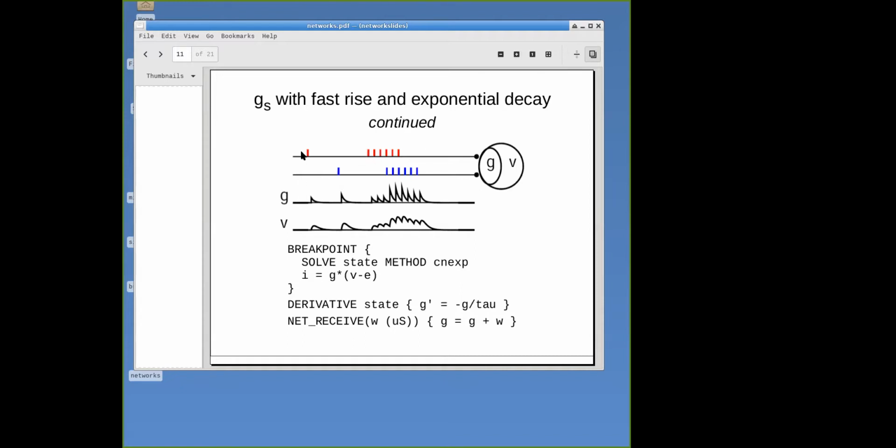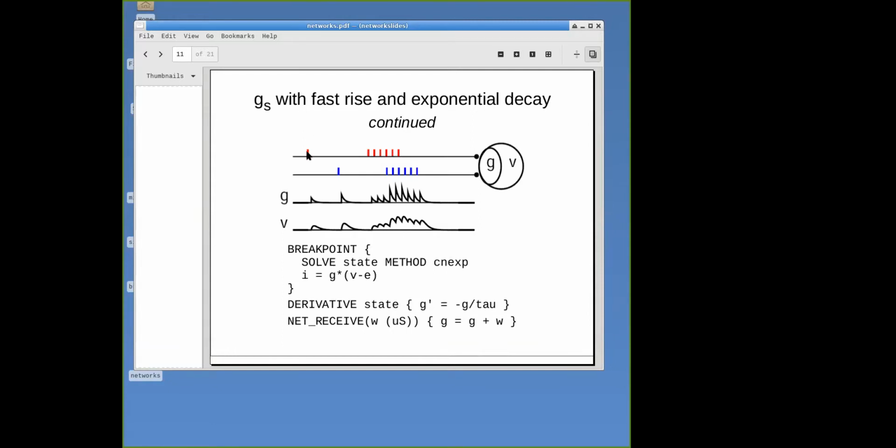And we see that the first event is an input from the red stream, which has a rather weak weight, so it perturbs G only slightly. And you'll notice there is a slight latency between the spike in the red stream and when the synapse is activated.